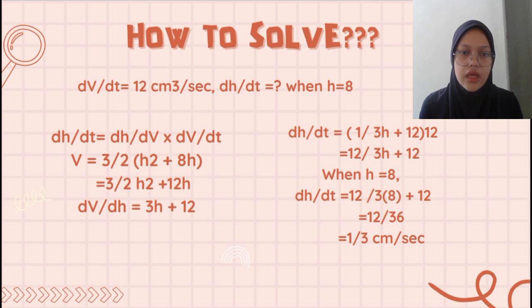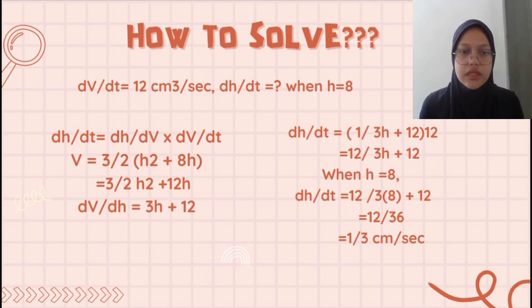The question has given the volume of water in the container, which is V equals 3 over 2 in brackets h squared plus 8h. This equation gives dV/dh. And finally, we can put all the steps that we just found into the equation before, which is dh/dt equals 1 over 3h plus 12, multiplied by 12.